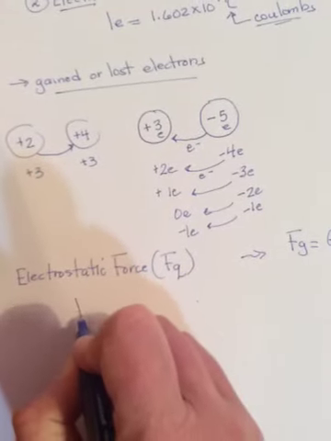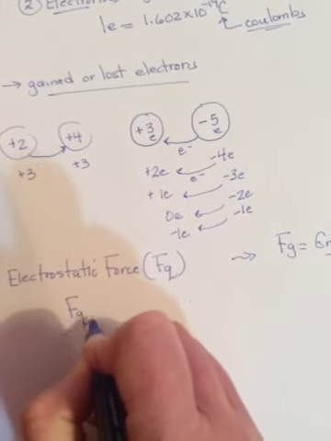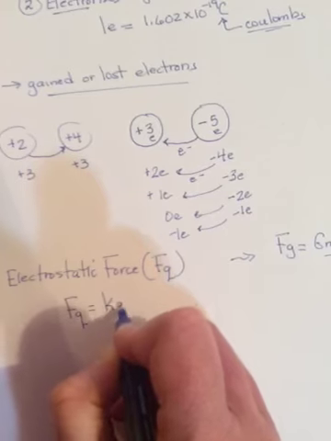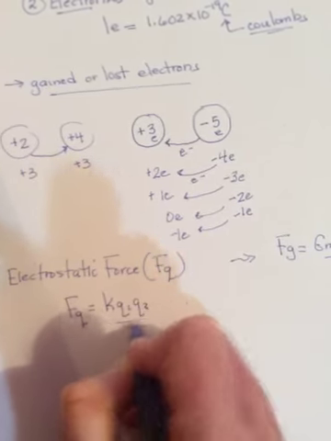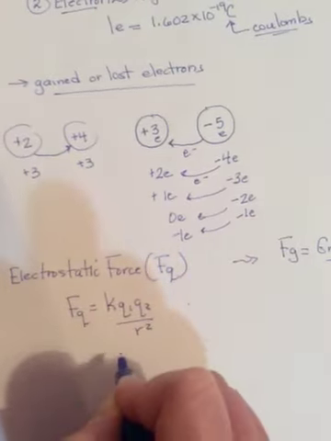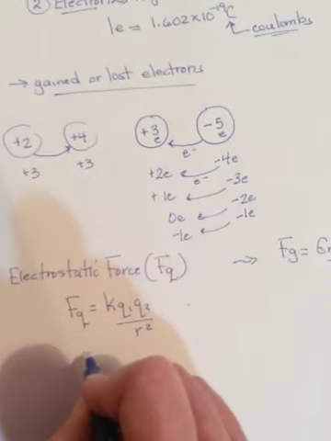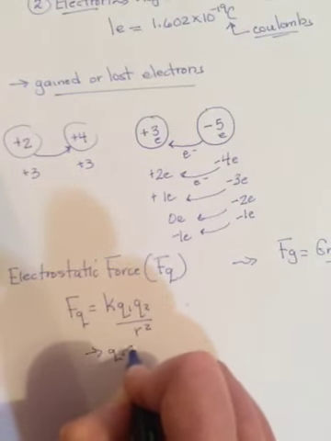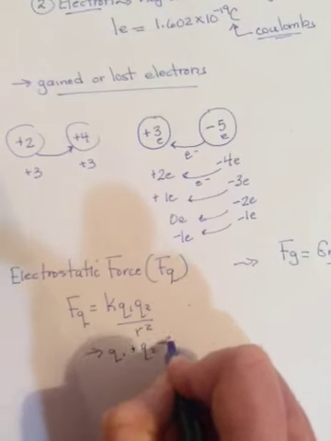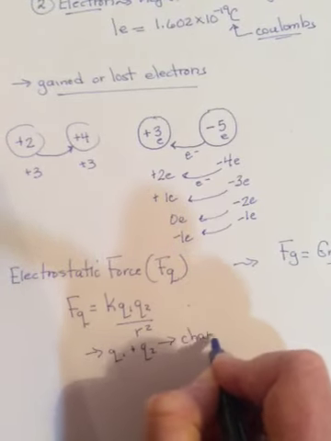Well, our electrostatic force is going to be Fq is equal to kq1 q2 over r squared, where the q1 and the q2 are the charges of the 2 objects, measured in coulombs.